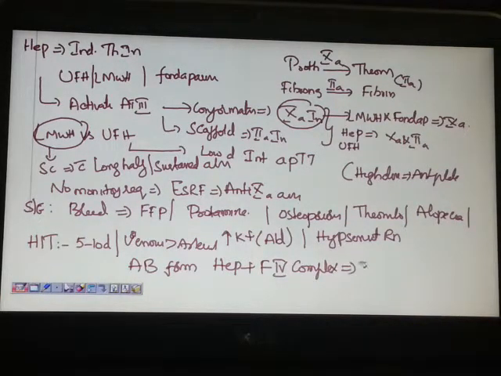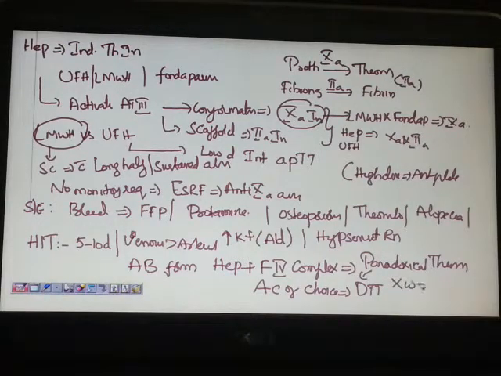This results in paradoxical thrombosis, and to treat thrombosis here, anticoagulant of choice will be direct thrombin inhibitors. So use direct thrombin inhibitors, never warfarin or low molecular weight heparins. In some cases even fondaparinux can be used.